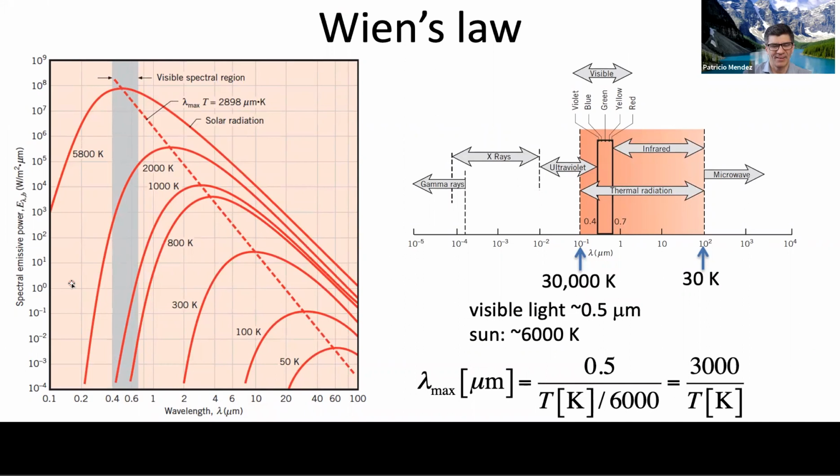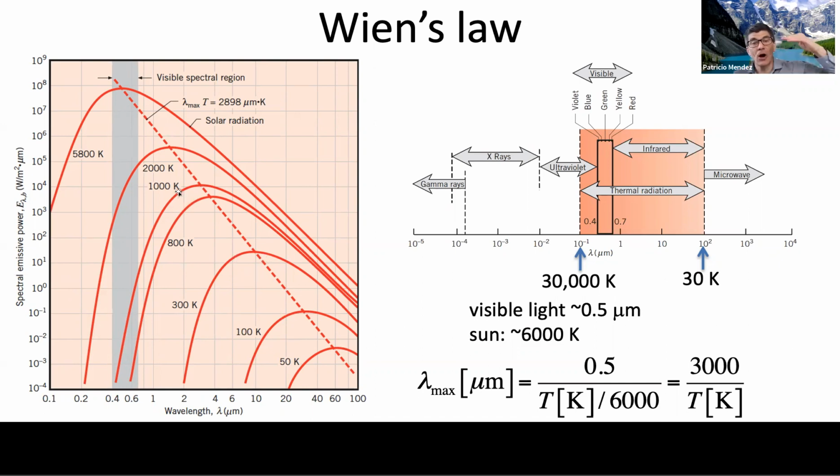What people have seen is something that we can already know intuitively. If the temperature is low, the emissions are low. And here we see 50 Kelvin, 100 Kelvin, the amount of radiation emitted is low.